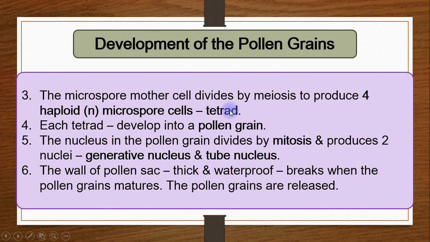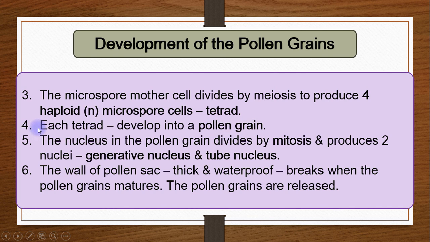So I repeat: the pollen sac contains hundreds of microspore mother cells, which divide by meiosis to produce four haploid microspore cells. Number 4, each tetrad will develop into a pollen grain.